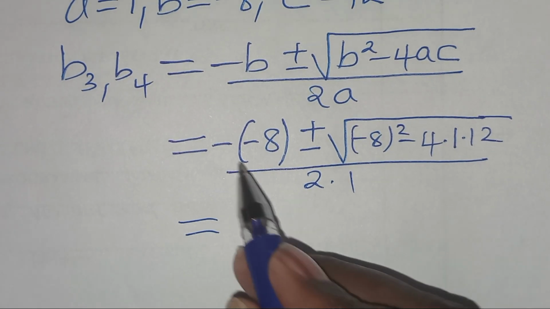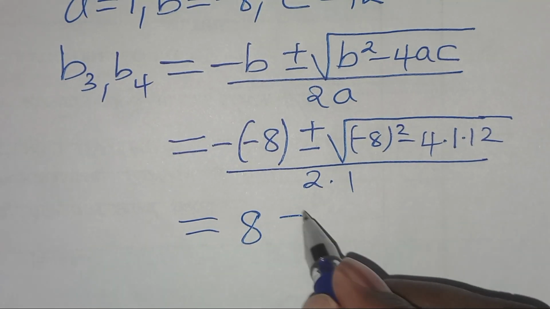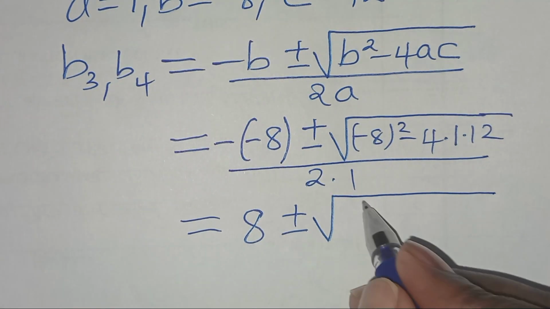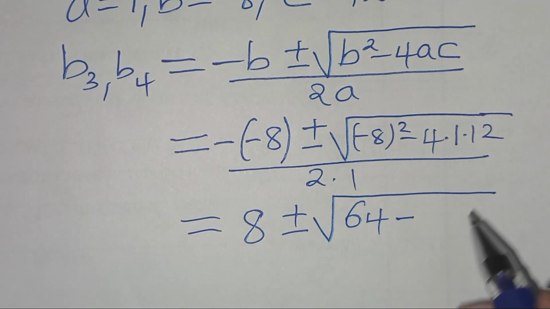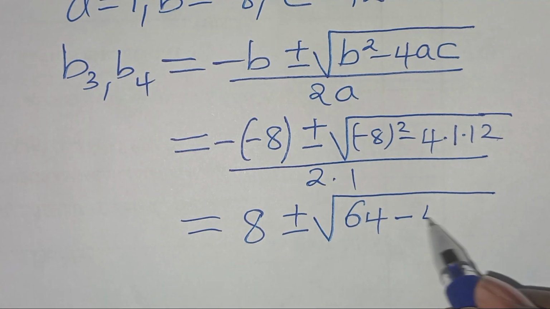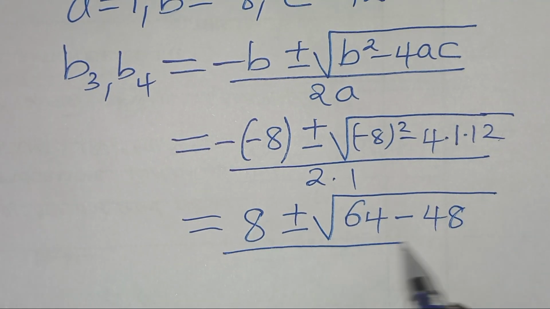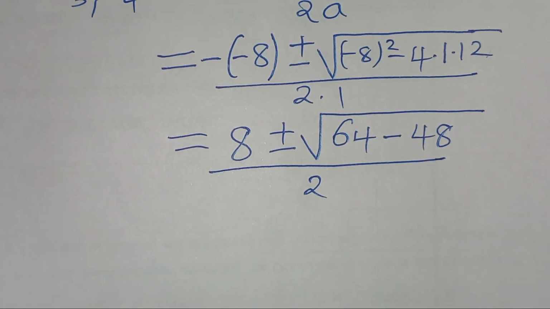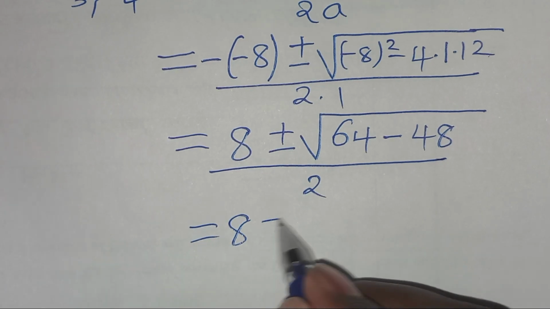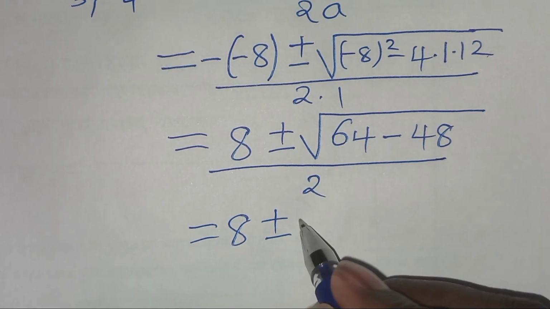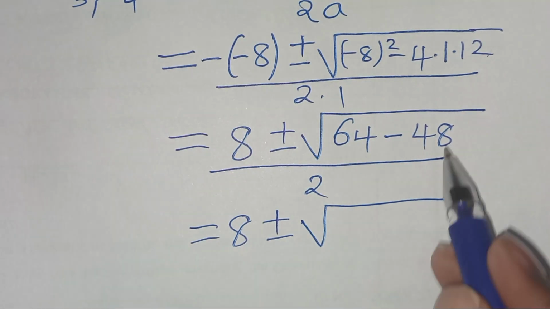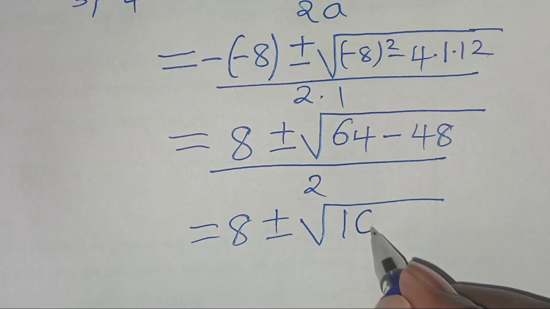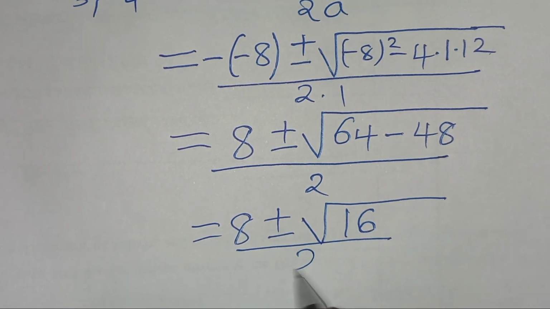So here we have 8 plus or minus the square root of 64 - 48, and this is equal to 16, divided by 2.